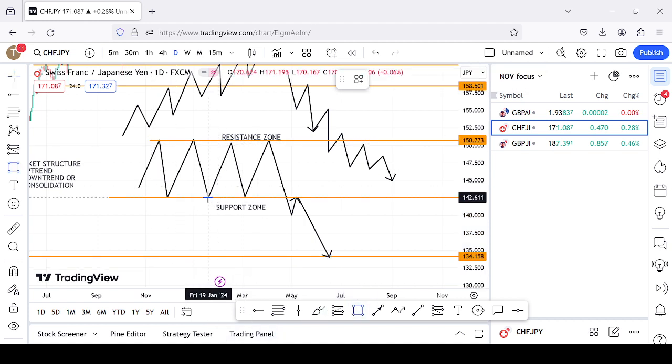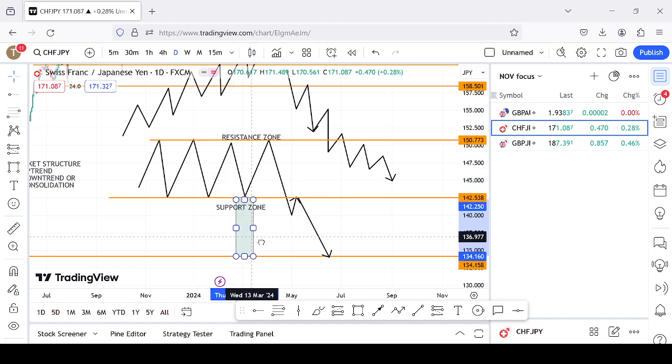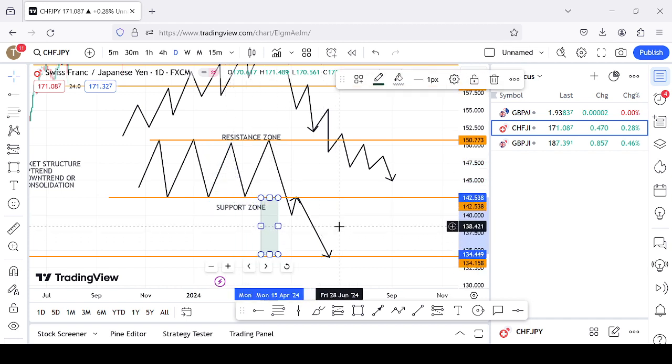Most of the time it will go this distance, whichever side it breaks to. If it breaks down, it will go down that distance. You can start by targeting half of the distance and then finishing the distance.